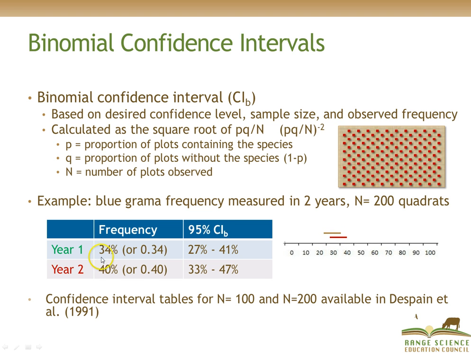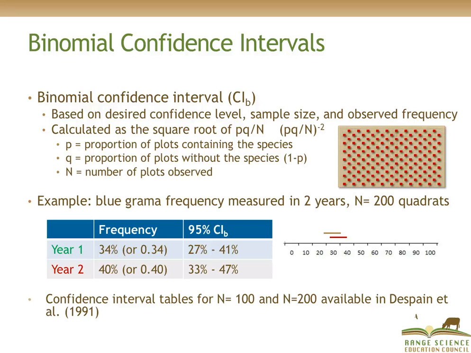So we don't have to worry about whether 34% is different from 40%, but the fact that the 2 confidence intervals at a 95% confidence level overlap, we would say with 95% confidence that there has not been a change in blue grama frequency from year 1 to year 2.